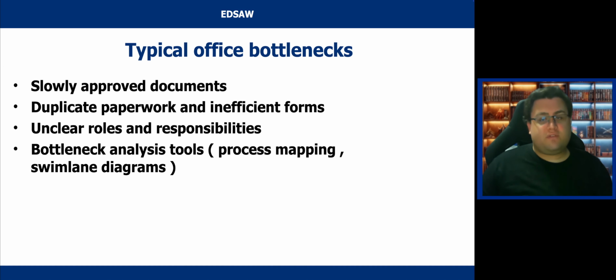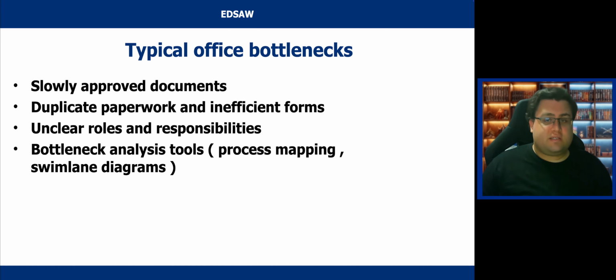If an employee has to fill in the same data multiple times into different systems, it not only takes time, but also increases the risk of errors. Unclear roles and responsibilities are also a common problem. When it is not clear who is supposed to take on a task, work stops because no one feels responsible, and there can be chaos.